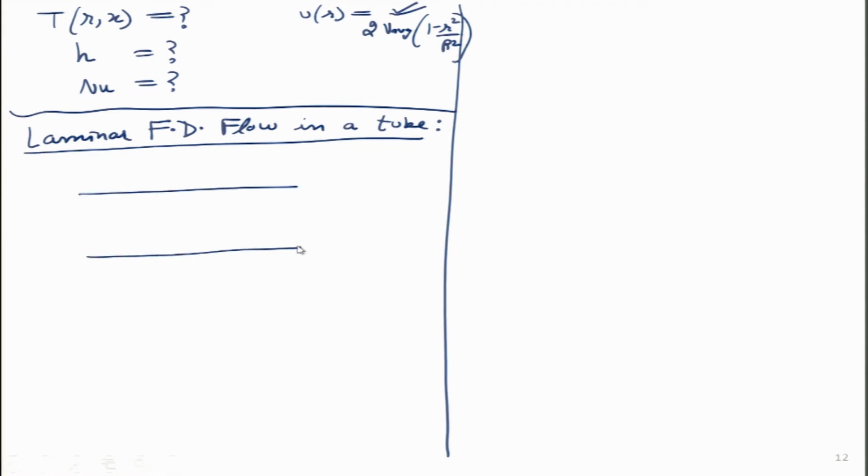We have a heated pipe which is heating the fluid flowing inside it. I will put the coordinate system over here. So, this is my x direction, this is the r direction, and the radius of the pipe is capital R. This is the middle of the plane, the center of the pipe, and let me draw the temperature profile over here.